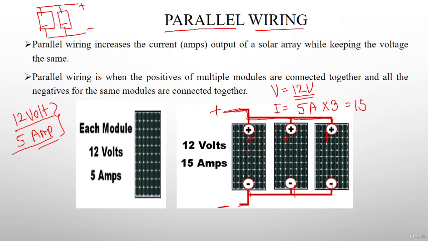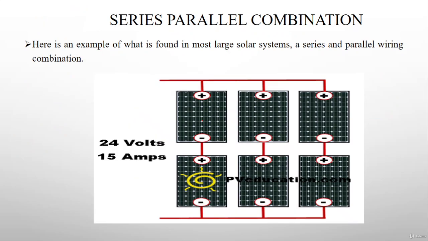We get the answer of 15 ampere for the string combination. So from the terminal point of view, we are getting 12 volt and the current we are getting is 15 ampere. So in parallel wiring, the current will increase, but the voltage will remain the same. That is the main motive of learning the parallel wiring combination.